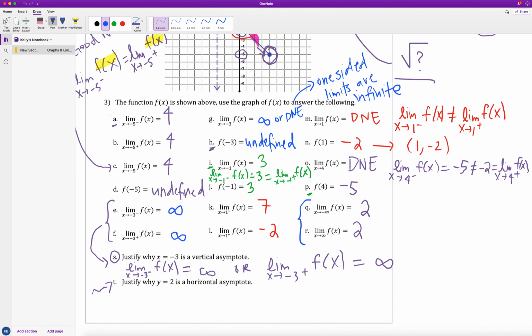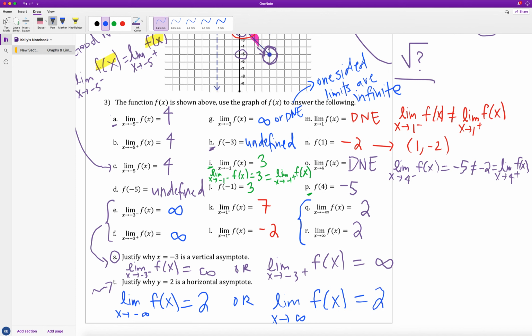So our justification here could either be the limit as x approaches negative infinity of f of x equals 2, or we could say the limit as x approaches positive infinity of f of x equals 2 as well.